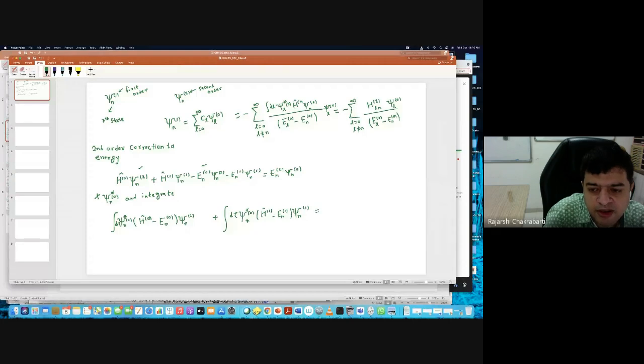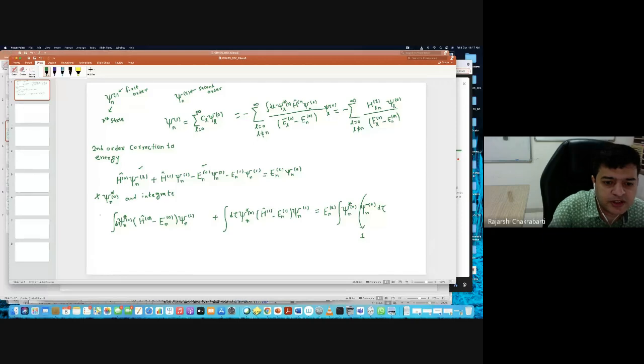And on the right hand side, what am I going to get? This En2 is a number, so I can take it outside the integral. What is this integral? Can anyone tell me? It is 1. It is normalized.